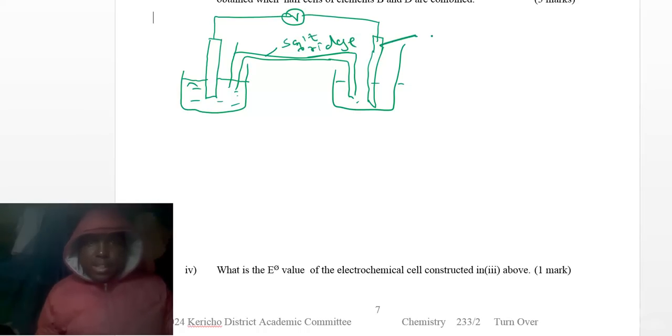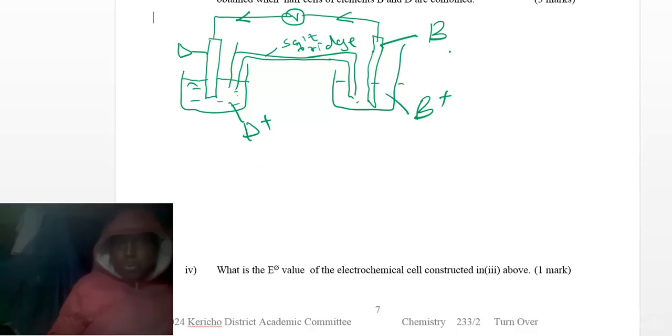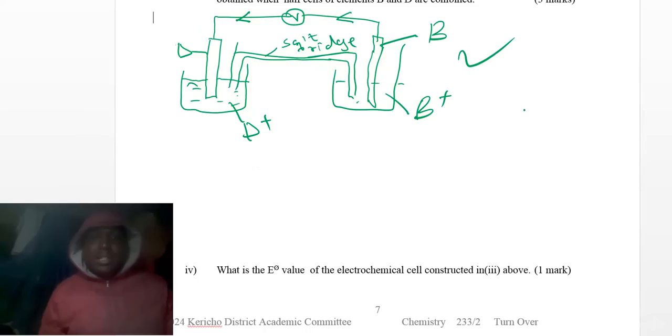If this one is B, then the solution inside here should be B positive ions. And this one is going to be D, and the solution here should be D positive. The electrons should be moving from where to where? From B to D, because B is more reactive. It is the one that is going to give electrons, and this diagram is completely perfect for you to get 3 marks.